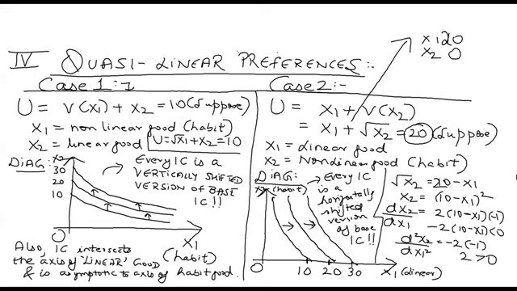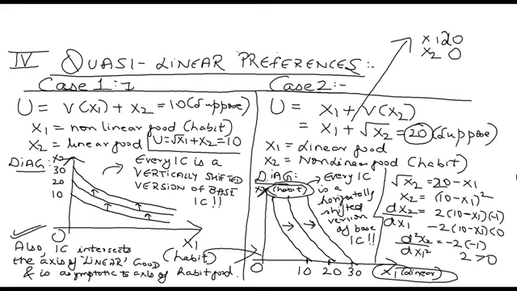Again, you can see it is intersecting the axis of the linear good. This same point applies here also. It is intersecting the axis of the linear good and it is asymptotic to the axis of the habit good.